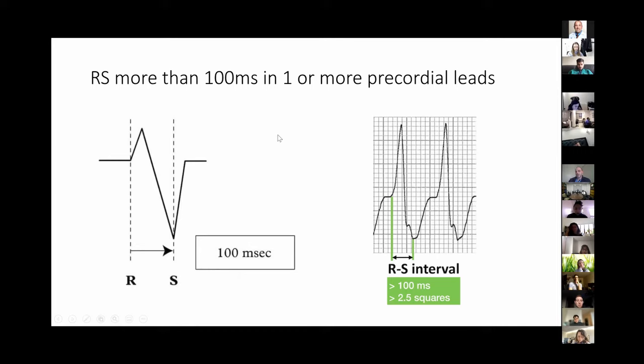On the other side, if you're dealing with an SVT and your initial depolarization is still going through the normal conduction system, then the initial portion of the QRS is going to be very, very narrow.